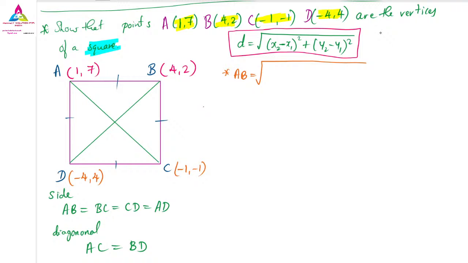Then I will write C also, a little bigger: C is -1, -1, and here we have D, that is nothing but -4 and 4. See, write down the values correctly. If even one number is missed, you are going to get the answer wrong.